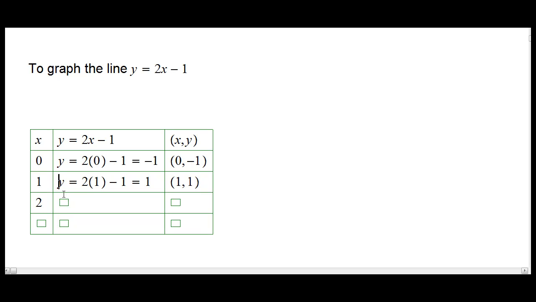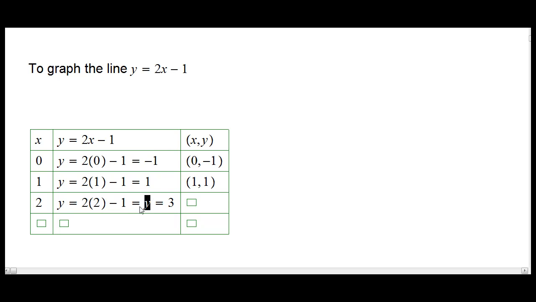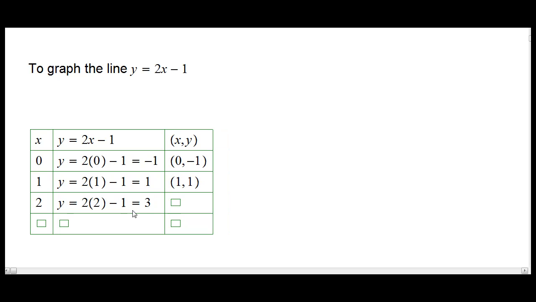Now we will put 2 in there. When we substitute a 2, we get y equals 3, because 4 minus 1 is 3, and that gives us (2, 3) as the coordinates of another point on this line.